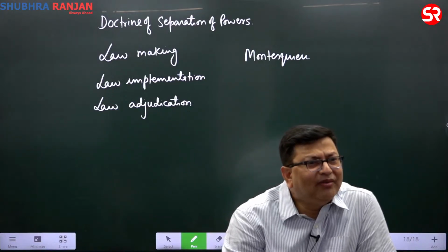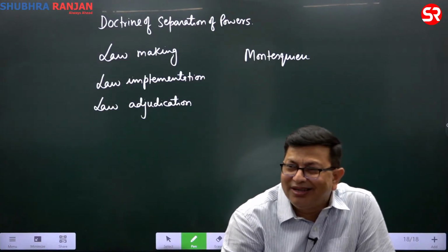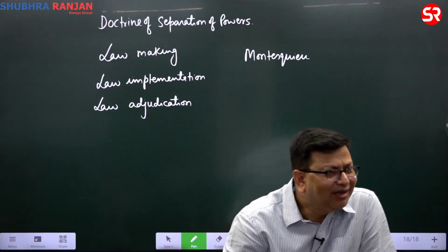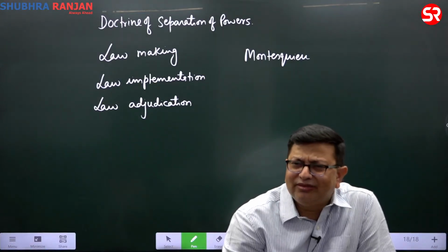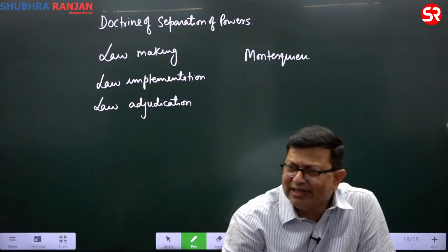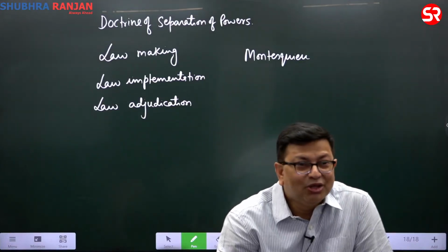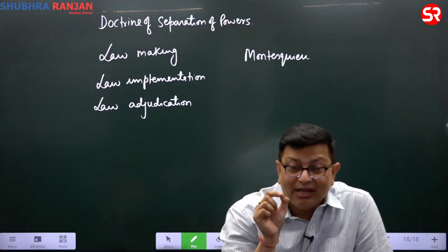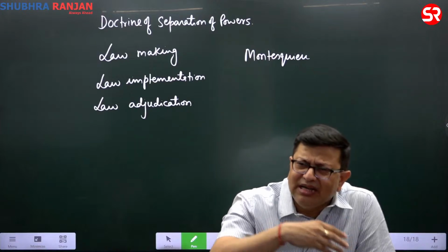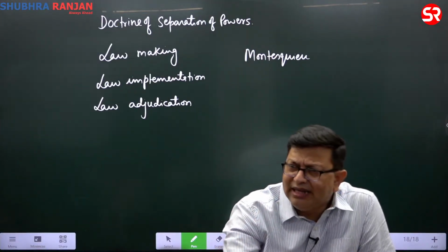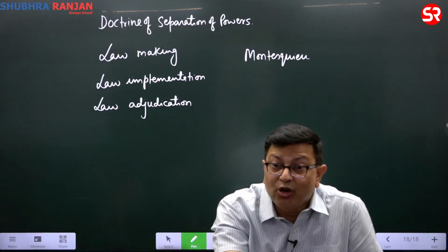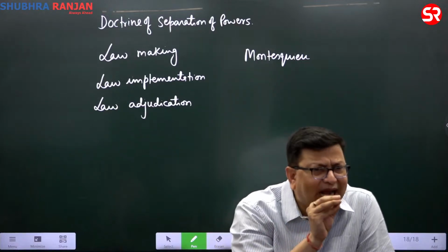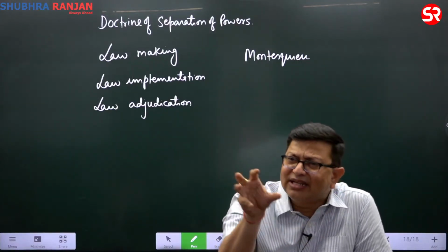Now, this is also dangerous, separation of powers. Because if unlimited power is given to the executive with respect to appointments and other executive decisions, then the executive can indulge in nepotism, corruption. So, it can also go here and there. Then, if the legislature is given unlimited power to make laws, then it can also make laws which may not be beneficial for the larger interest of the society, but may cater to the interest of only certain sections of the society.